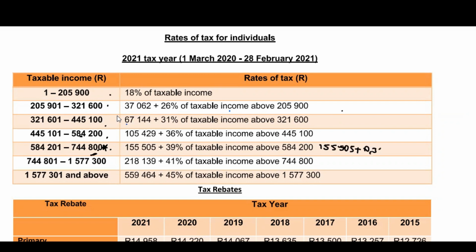plus 0.39 into brackets. Now you bring the taxable income that you've just got, minus the number which is already inside the bracket. Calculate everything, put it in a calculator.